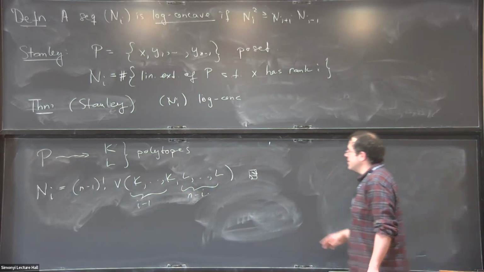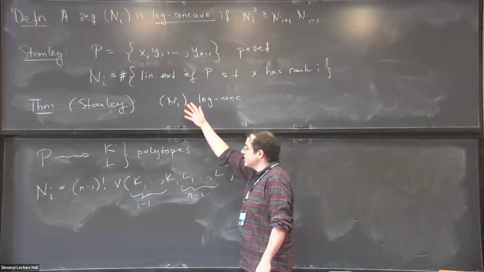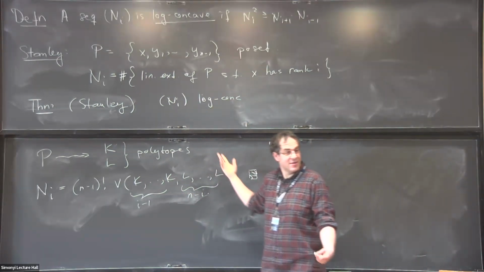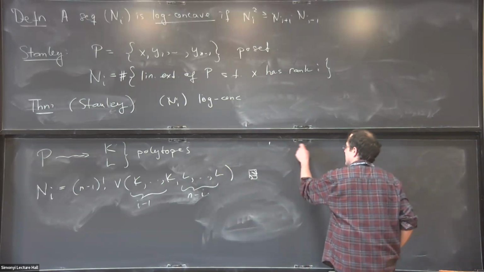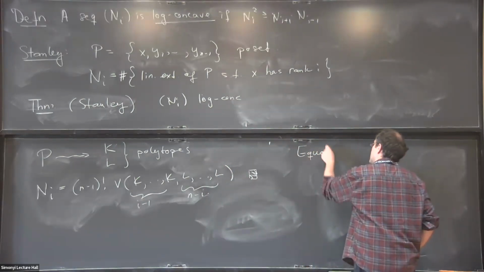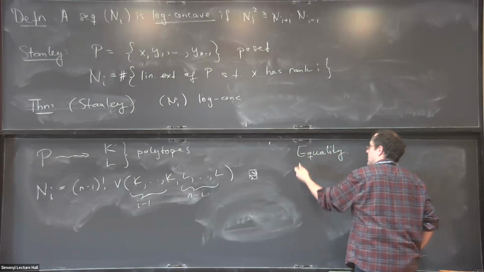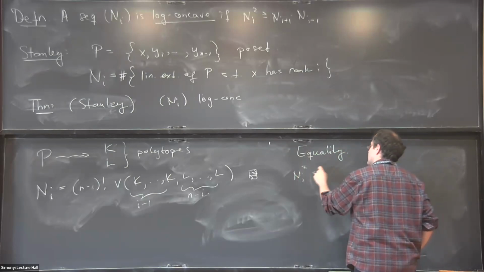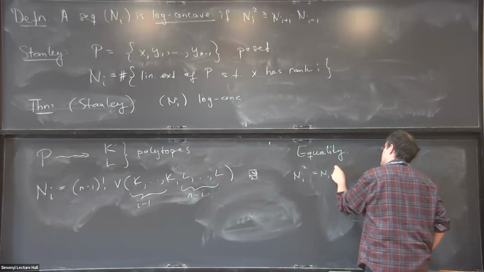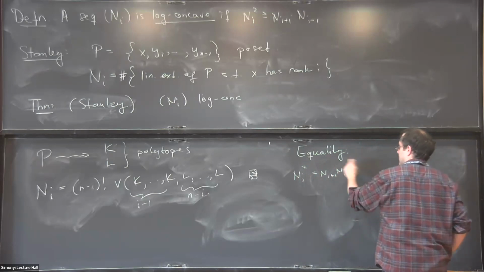So if you think for a moment, you ask yourself, well, we have a characterization of equality cases of the Alexandrov-Fenchel inequality. What does it mean to have equality? Equality in a log concave sequence just means that N_i squared equals N_(i+1) times N_(i-1).